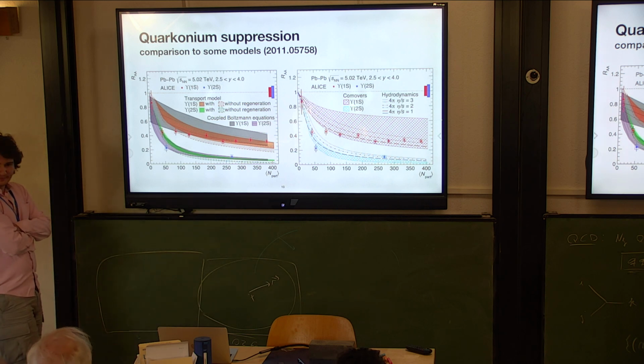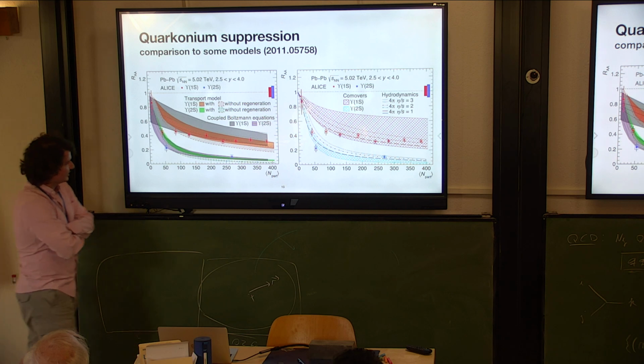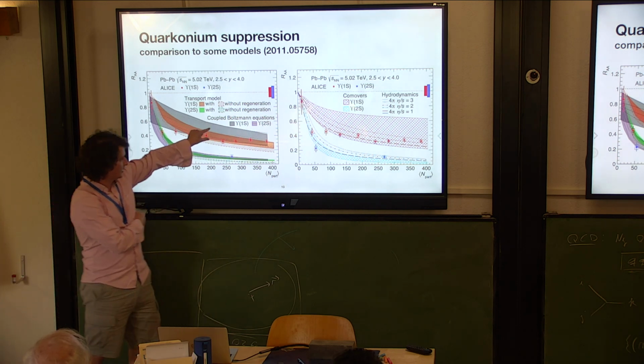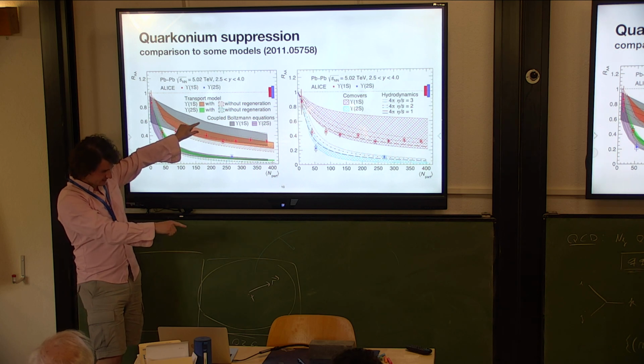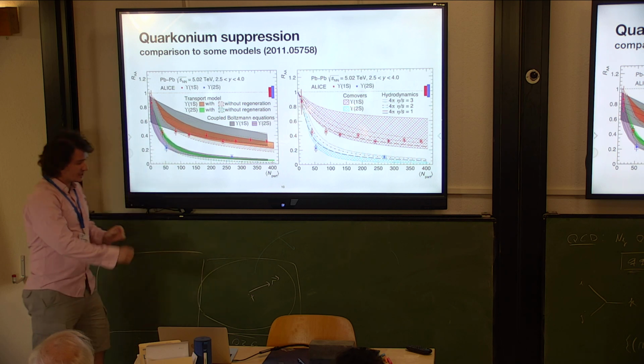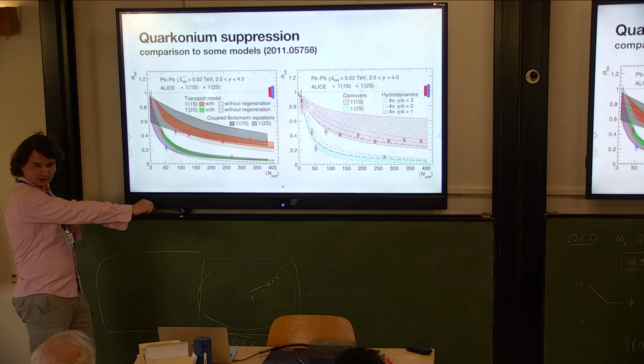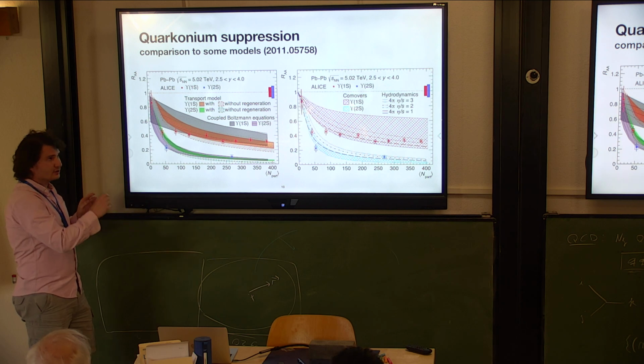So how does what you talked about differ from these things? The one that's easiest to compare with, I would say, is the coupled Boltzmann equations here, which actually use the Boltzmann equation I showed below, but with a correlator evaluated at leading order in the coupling, so a weak coupling.